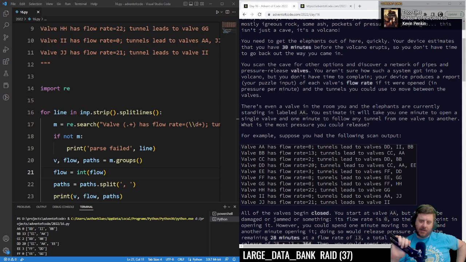The time dependency here is what's really tripping me up on what my state space would be. I just need to think about this one for a minute. So you only have 30 seconds.